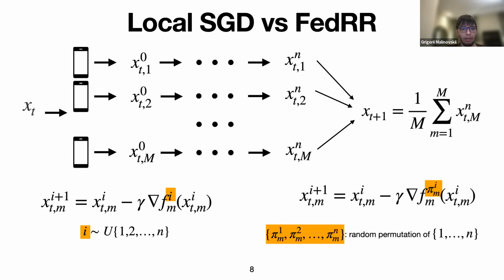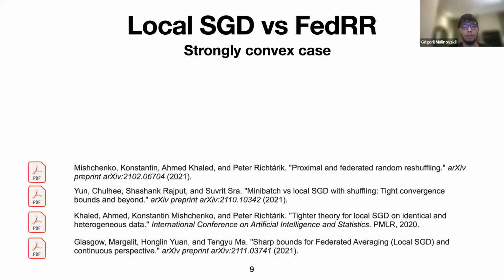Okay, and the aggregation process is the same as for local SGD. We just average our models, and this process repeats.